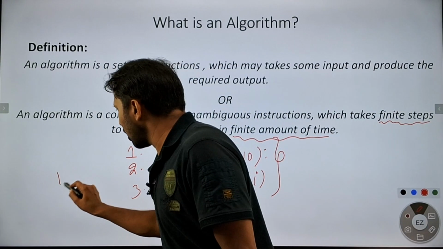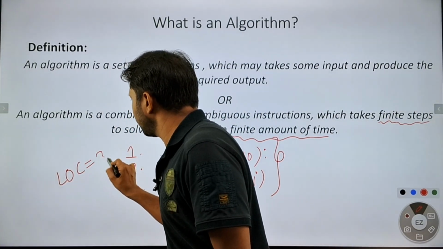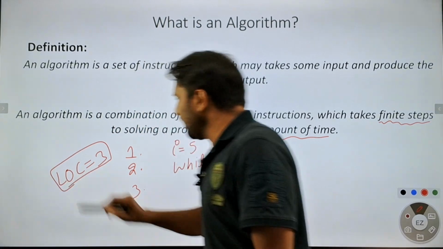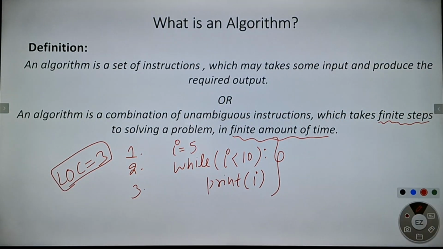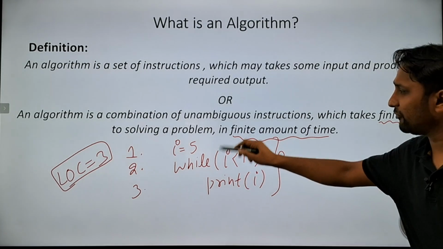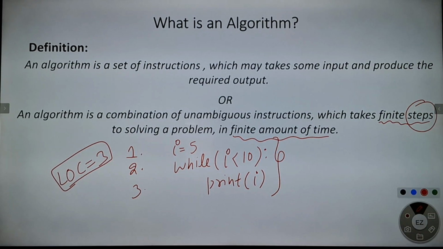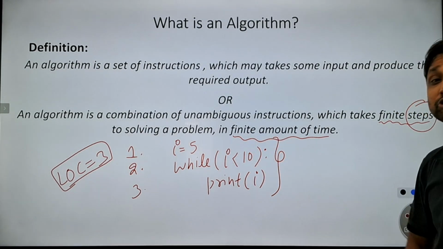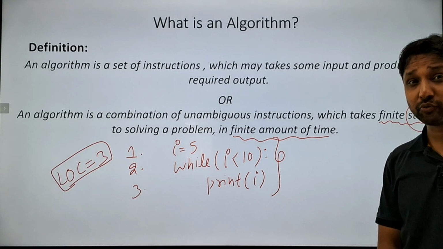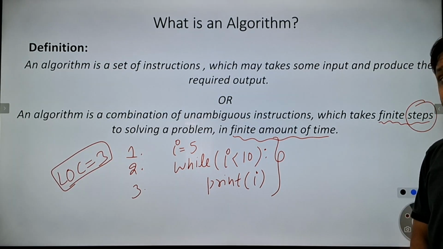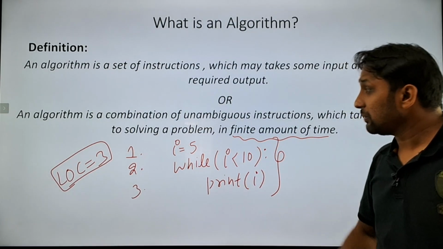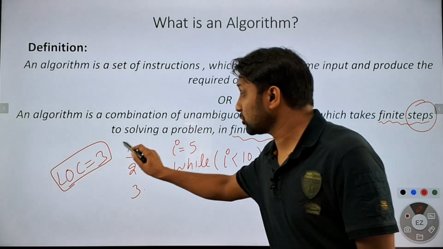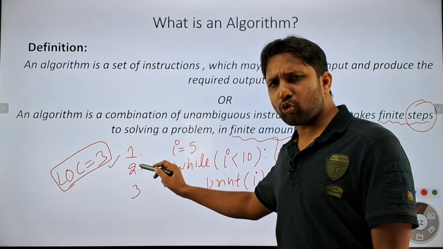How many lines of code do we have here? 3. And if I ask you how many steps this algorithm will take to execute, this algorithm is actually taking infinite steps. Please note, this algorithm is not taking 3 steps. 3 is the line of code over here.